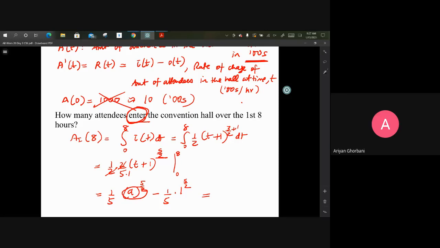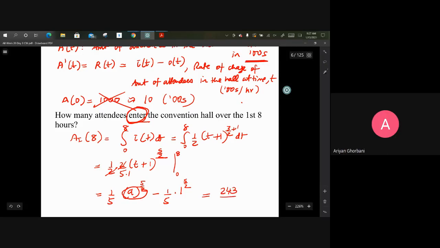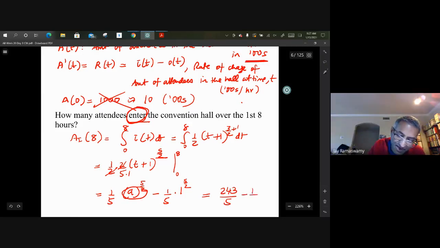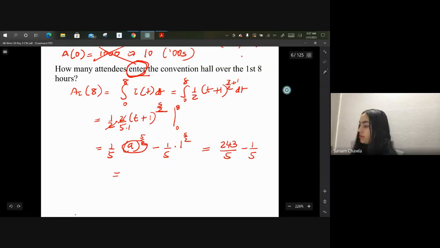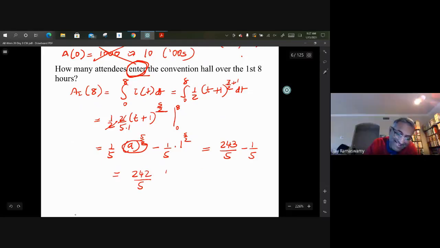Now 3 to the power of 5 is 243. So 243 over 5 minus 1 over 5, because 1 to the power of anything is 1. So the final answer is 243 over 5. Careful, it's in hundreds.